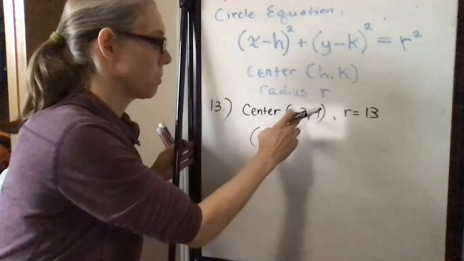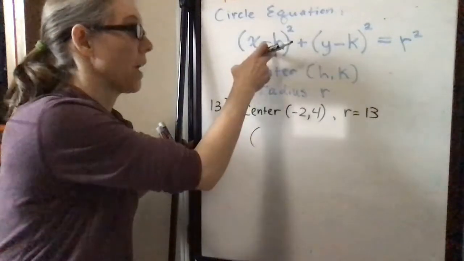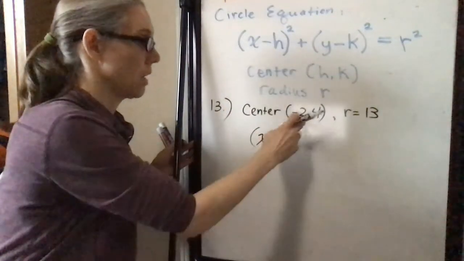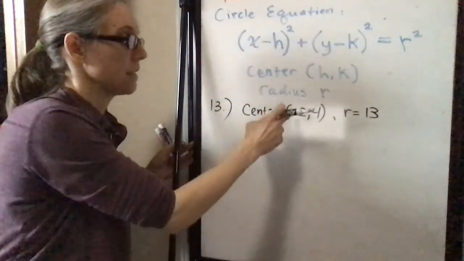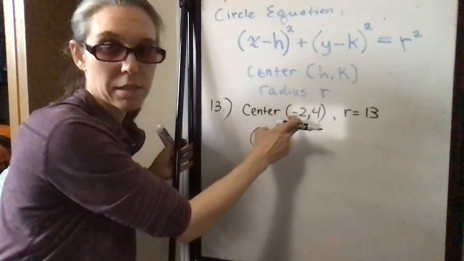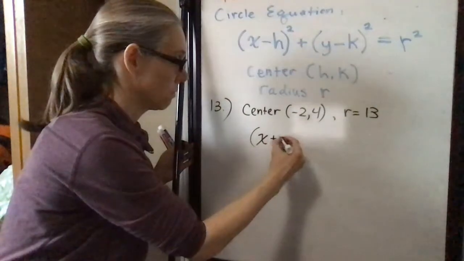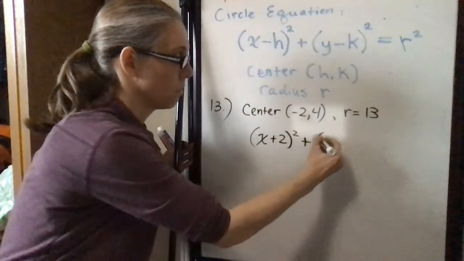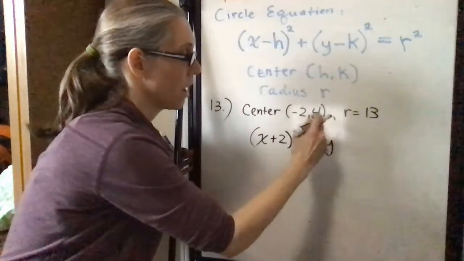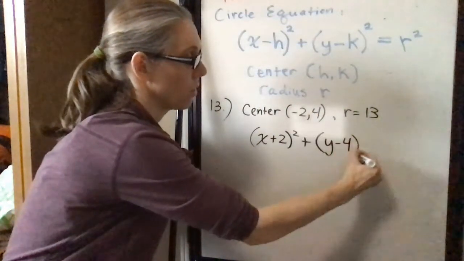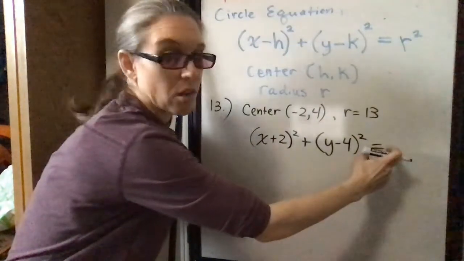So remember, you just plug in negative 2 for h. When you plug this in, minus negative 2 becomes plus 2. Make sure that this is a plus sign. And then y minus k, (y minus 4) squared. And then this is r squared.